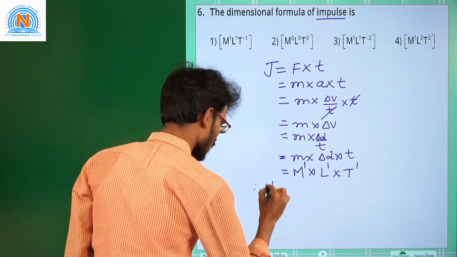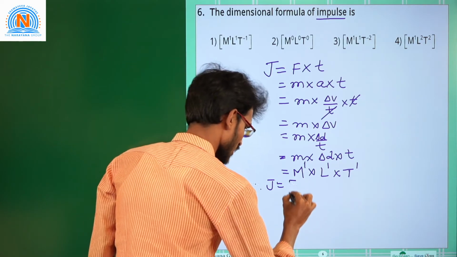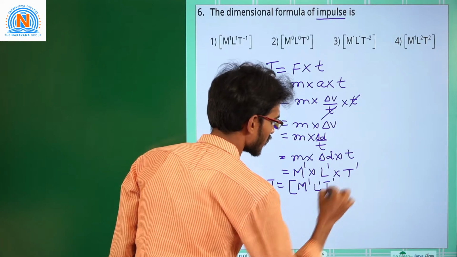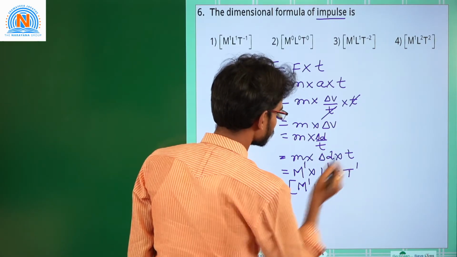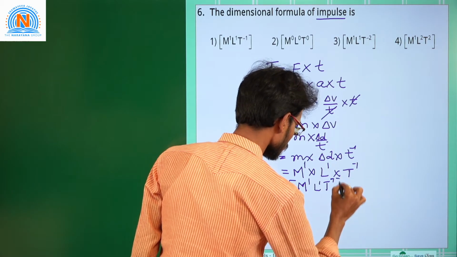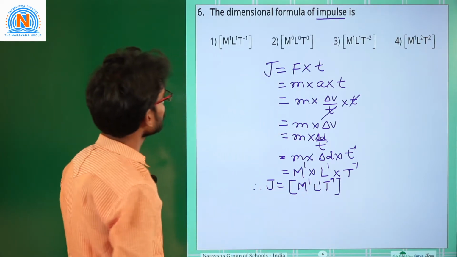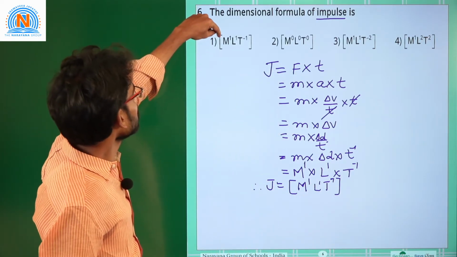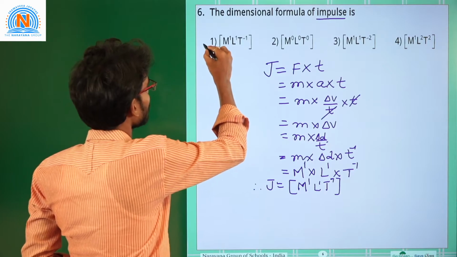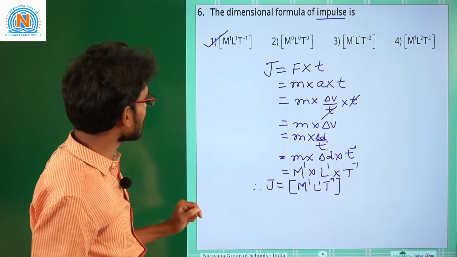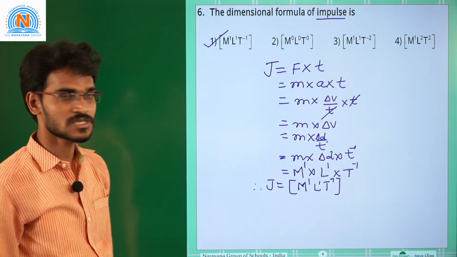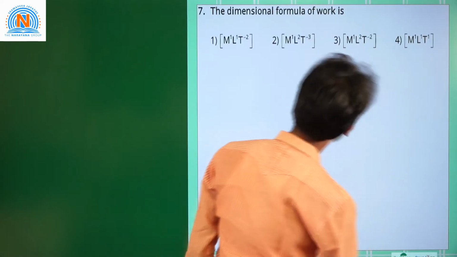Therefore the dimensional formula for impulse is, in square brackets, M power 1 L power 1 T power 1, sorry, T power minus 1. So identify the correct option: in square brackets M power 1 L power 1 T power minus 1. Now the correct option for the dimensional formula of impulse is M power 1 L power 1 T power minus 1. Let us move to the next question.